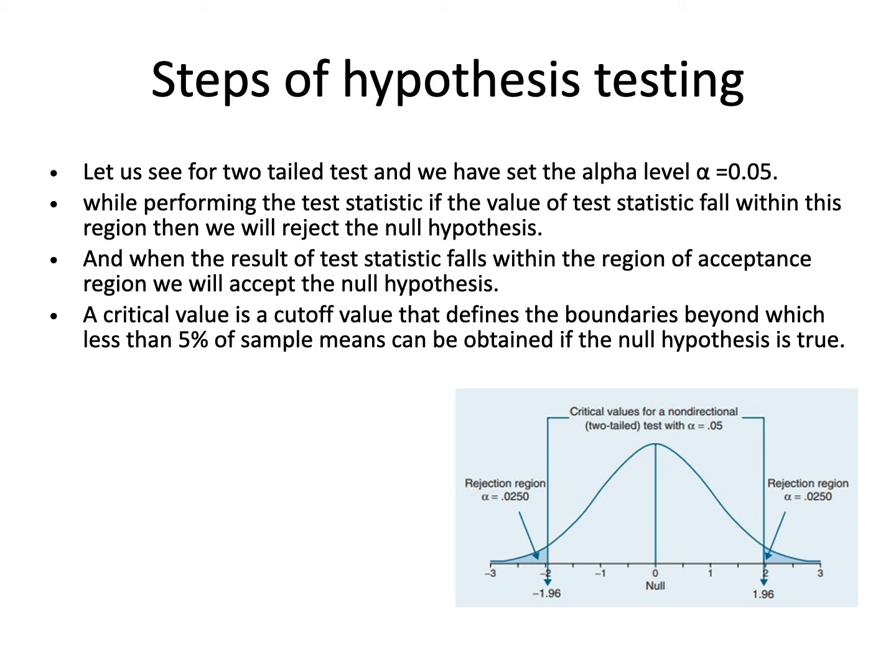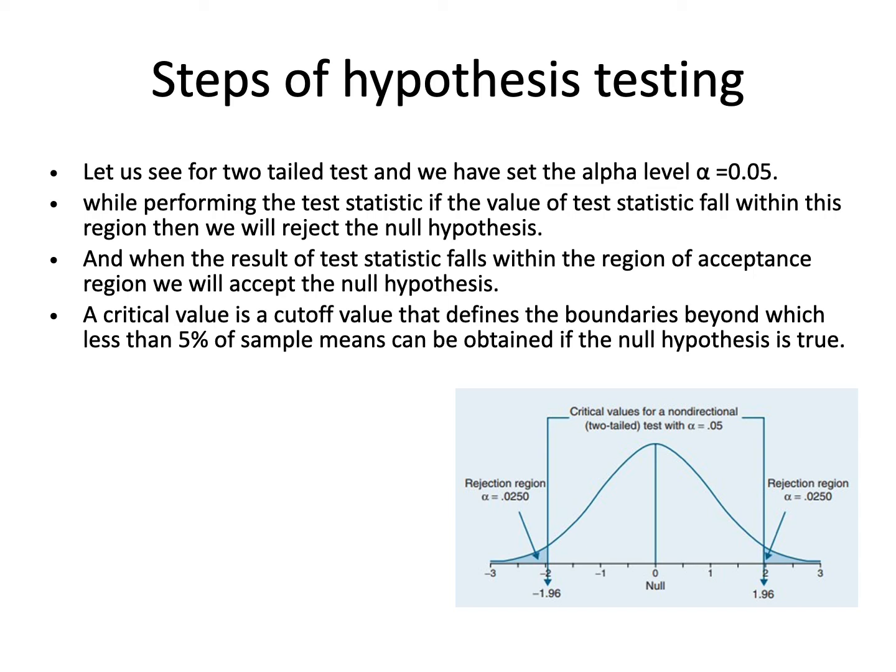That is, alpha divided by 2 on the left tail, and alpha divided by 2 on the right tail. So the alpha level is 0.05 here, with 0.025 on the left side and 0.025 on the right, and the remaining 0.475 on the left and 0.475 area on the right will remain around the mean.